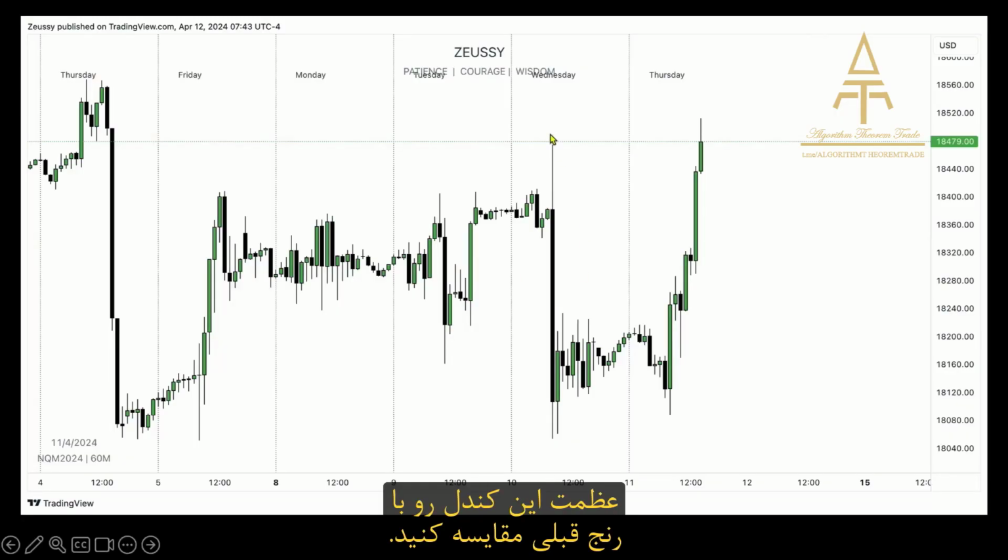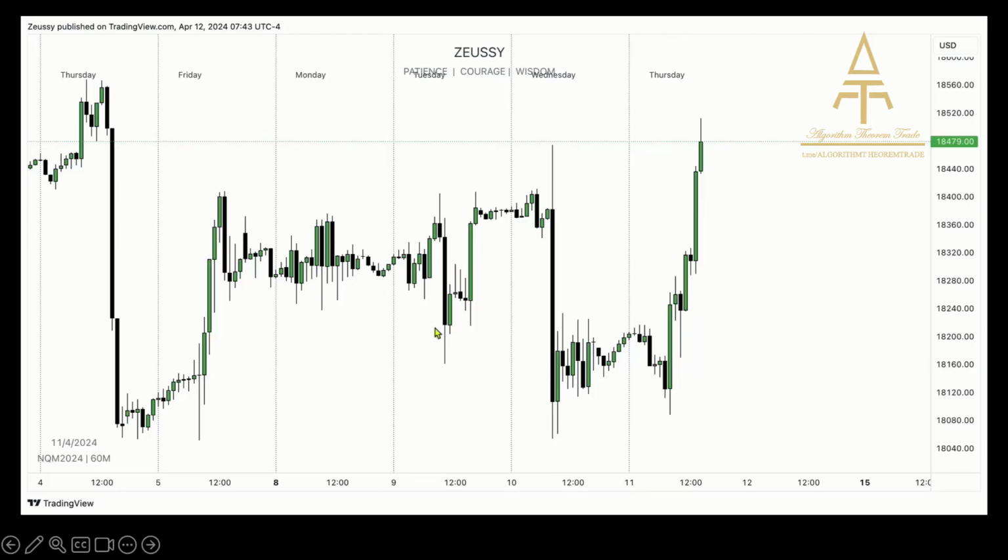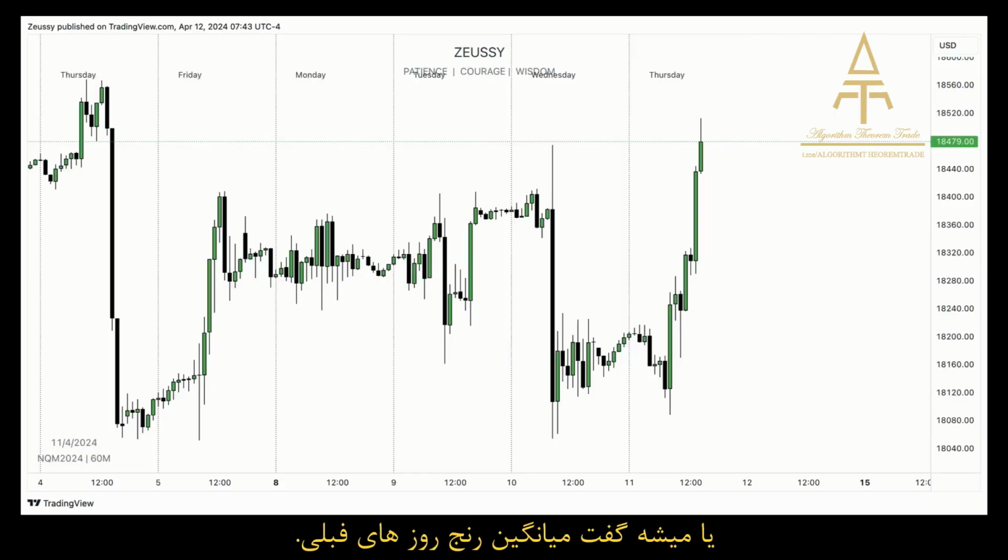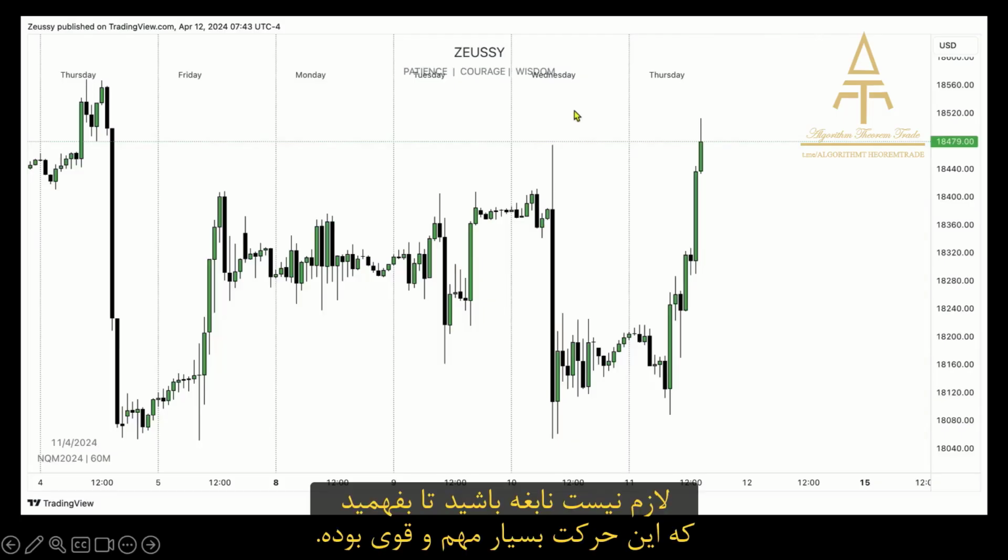Look at how big this candle was relative to the previous range, to the size of basically all the candles prior. This one candle traded in a bigger range than all of the previous days together. Or their average, I should say. It doesn't take a genius to realize that if that occurs, there's of course a very volatile move that has taken place.